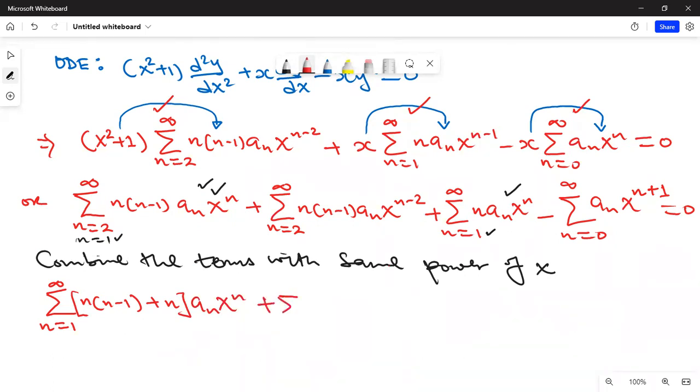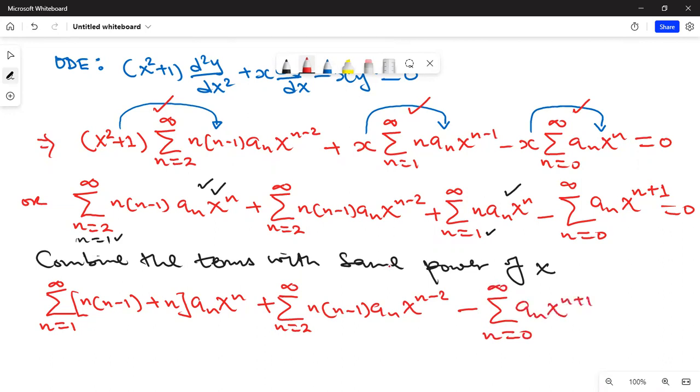So we have plus the sum from n is equals to 2 to infinity n minus 1, a subscript n, x raised to n minus 2. Then the other one is the sum, so that should be a minus, the sum from n is 0 to infinity, a subscript n x raised to n plus 1 is equals to 0.